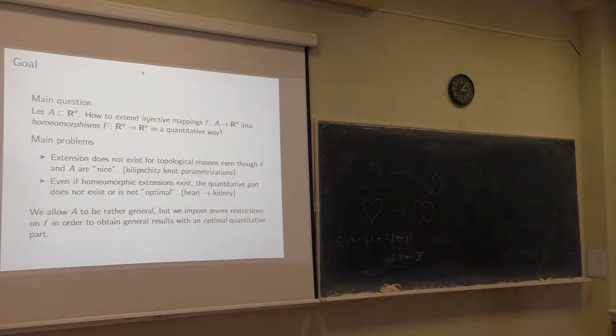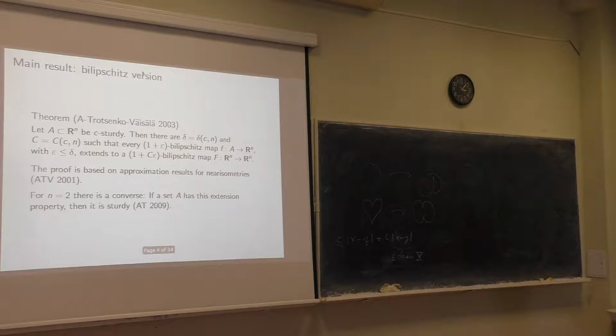So we need some real restrictions for these mappings so that we can do this. There are some positive results, for example by Tukia and Väisälä and other people, but I don't think I have time to go there now. So this is one of our main results. We have a set in Rn. There's some strange condition: it should be sturdy with some constant c.